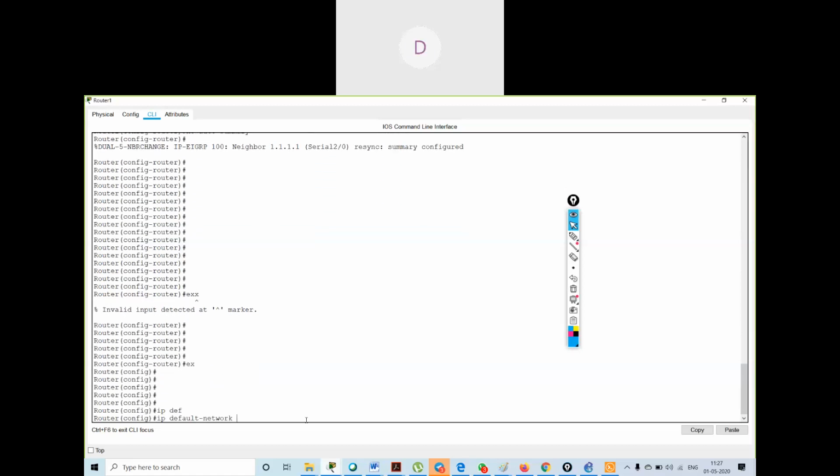But this is the command, you can see IP default network, and I have to give the network address.